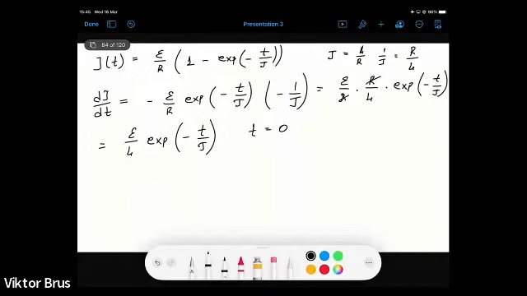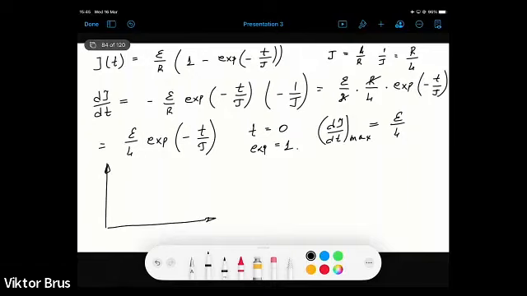So then this exponent will be equal to unity, and di over dt maximum will be equal to epsilon over L. So if we show this change of electric current over time as a function of time, it will be some exponentially decaying function, and maximum will be at t equals 0 and exponentially decaying over time.